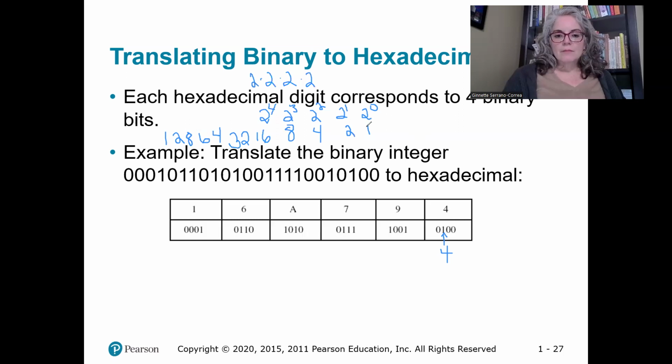So position 0, 1, 2, 0, 1, 2. So it's 4. That's why that's a 4. This one is 8 plus 1, which is 9. This one is 4 plus 2 is 6 plus 1 is 7. 8 plus 2 is 10, but 10 in hex is A. Remember, 9 in hex is 9.